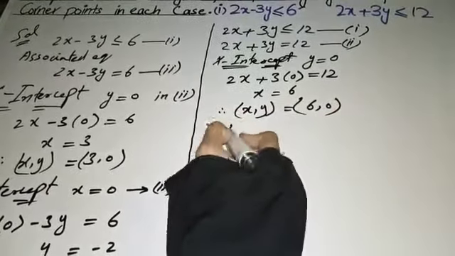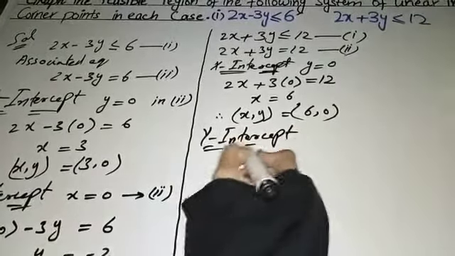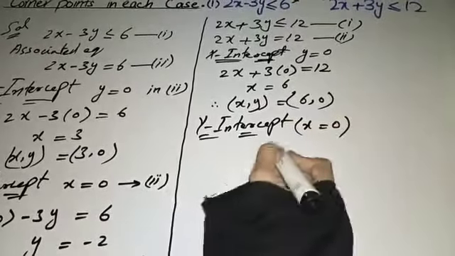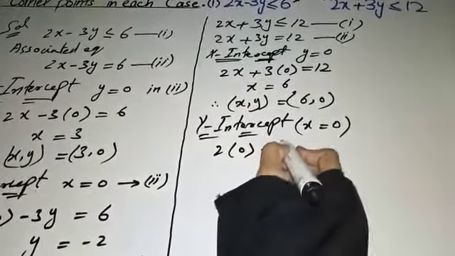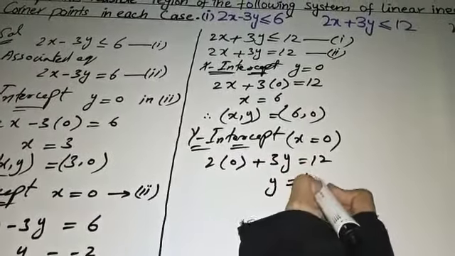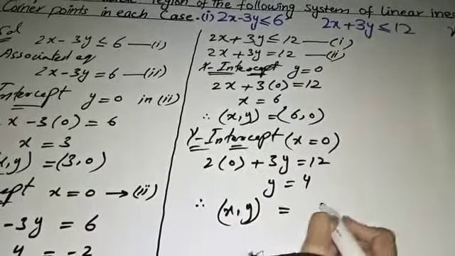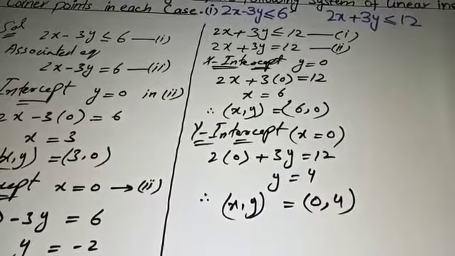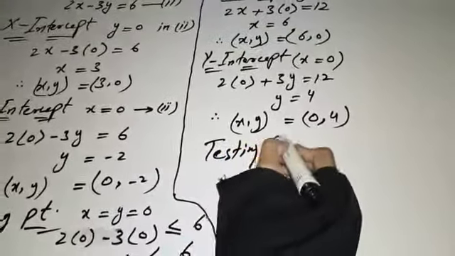Now calculate the y-intercept. Remember these steps in sequence. Put x is equal to 0 in the given expression. 2 as it is in place of x 0 plus 3y is equal to 12. So the value of y is 4 now. Hence, this is another point having value 0 and 4. Testing point.